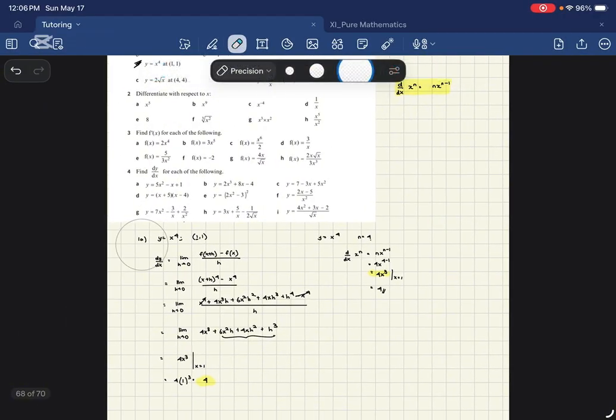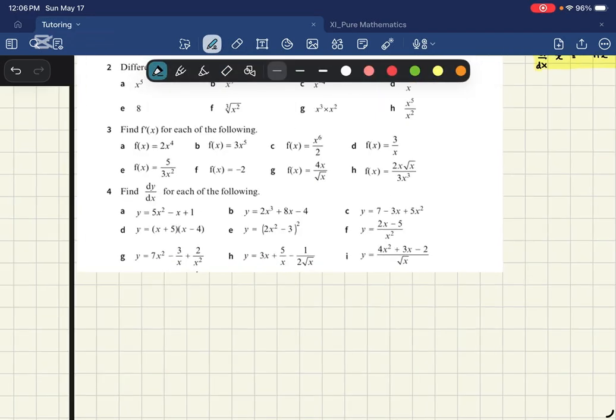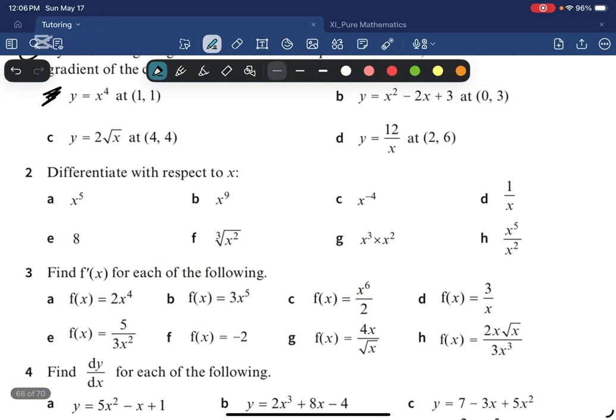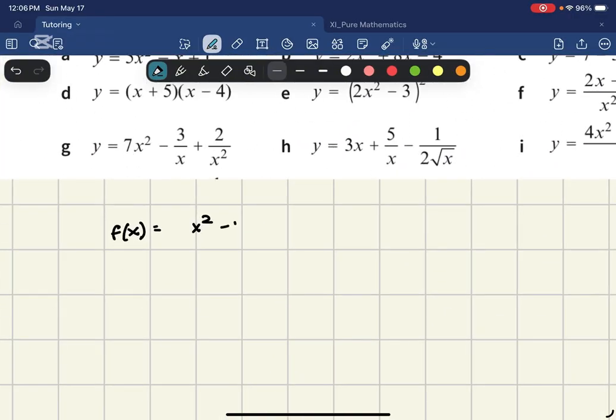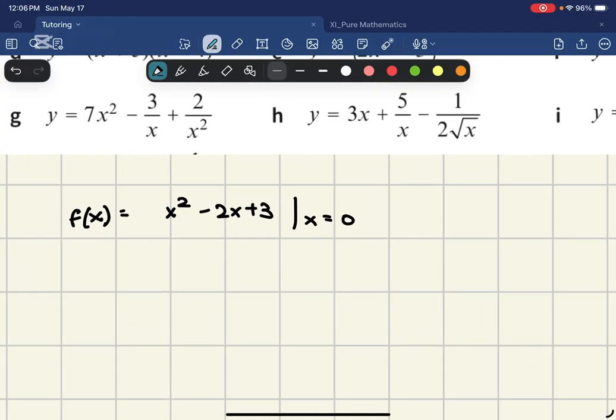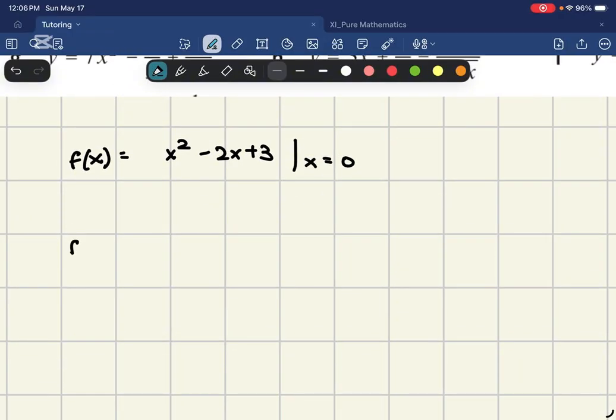Let's do the same for B. We have f of x is equal to x squared minus 2x plus 3 at x is equal to 0, right? Whatever the output y value is, doesn't matter. We just want to find the derivative at a particular value of x. So if I use the formula, if I do d by dx of f of x, then I have to take the derivative of my right-hand side.